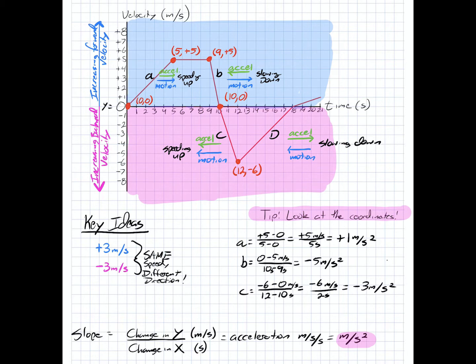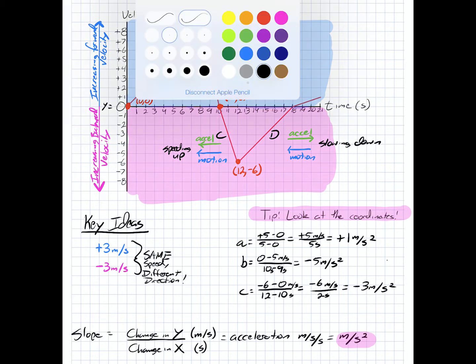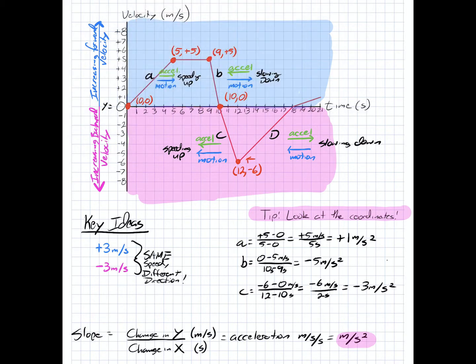Okay, and we can also see that by looking at what our velocity is doing. Our velocity is going from this point here at -6 and ending up here at 0. So to go from a velocity of 6 meters per second backwards to 0 meters per second, we had to slow down.